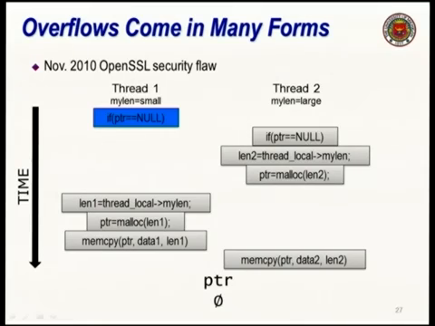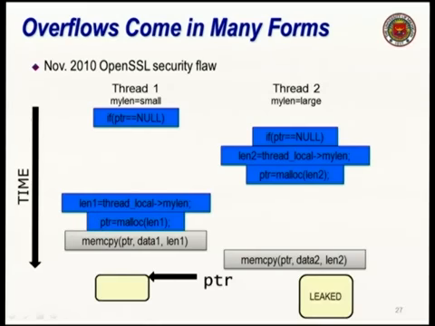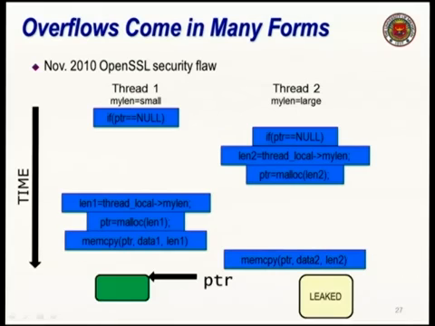So there's a case where it checks to see if some pointer that it wants to write into is null. Then let's say there's a thread switch. The second thread checked to see if its buffer was null, then allocated a very large buffer, or small buffer, and then we came back over here and rewrote that pointer. So now this guy writes into the correct buffer, but when we come back here, this thread doesn't know that this pointer got changed.